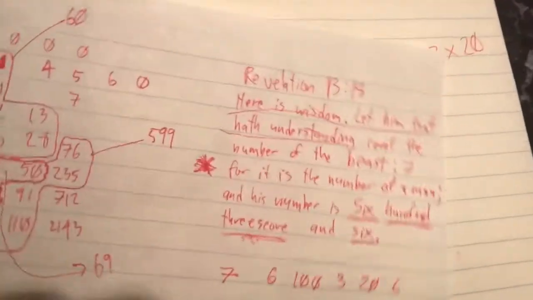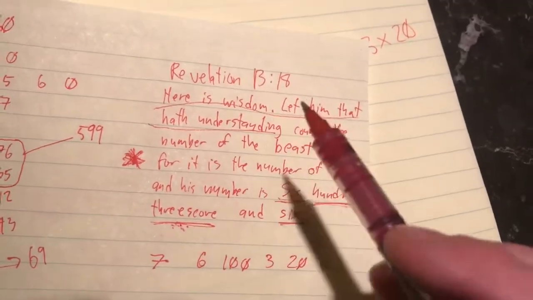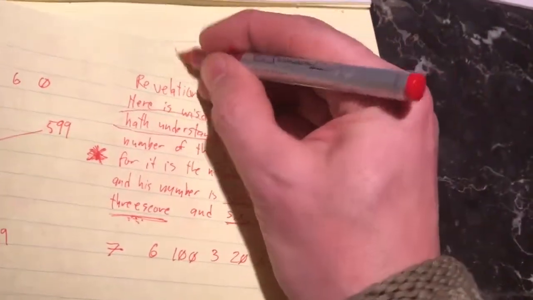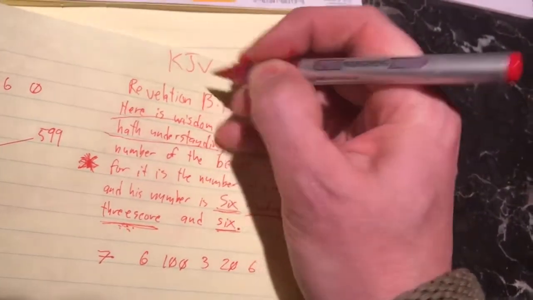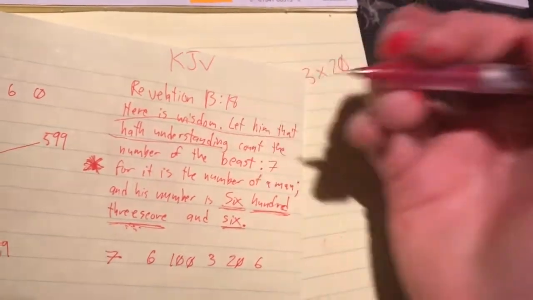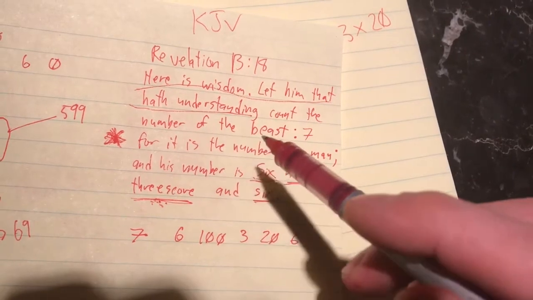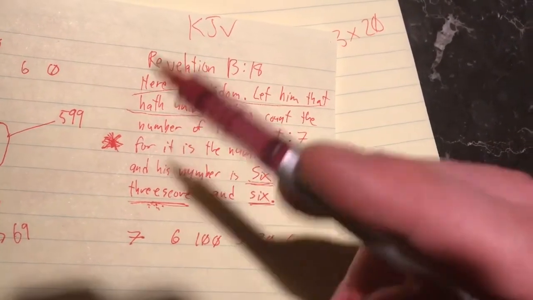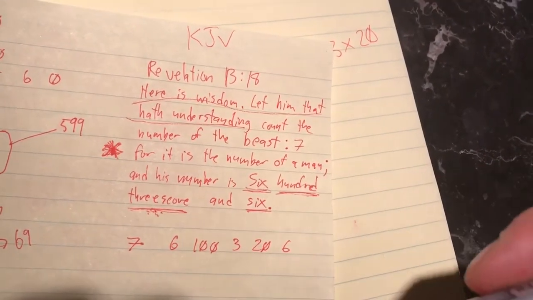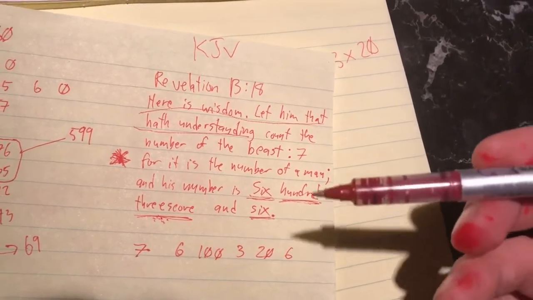Now the other thing that I think, so that's what this means. Revelation 13:18 of the KJV, because I don't go by any other fucking version. Let him that hath understanding count the number of the beast, which is 7, which is the 7 ones. For it is the number of man, and the number of man, you know, is 1 of 1 is 7 to 13 of 110, 21, 43.